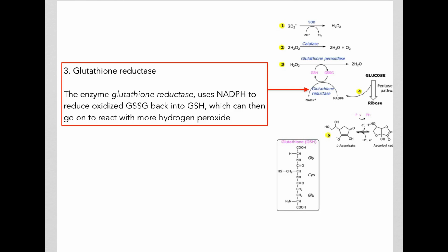The conversion of oxidized glutathione back into the useful reduced GSH is carried out by another enzyme called glutathione reductase. This uses NADPH. So basically NADPH is used to reduce the oxidized glutathione into reduced glutathione. The NADPH in turn will become NADP.